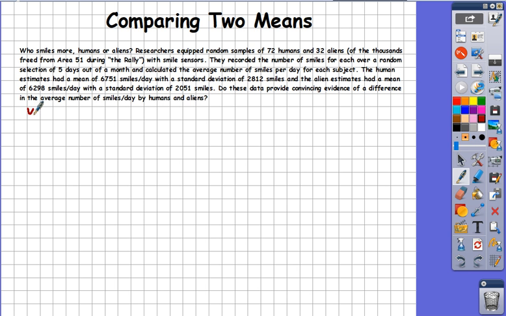We're going to talk about mu sub 1, which is going to equal the mean number of smiles per day for humans. And mu sub 2 is going to be the mean number of smiles per day for aliens.